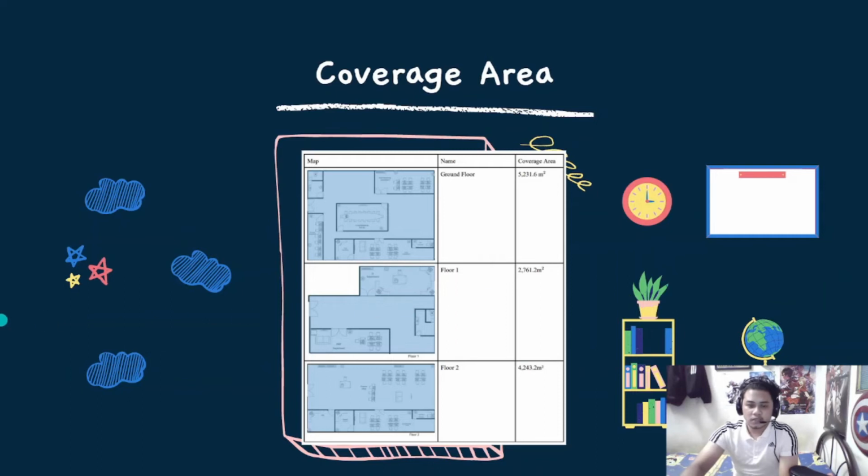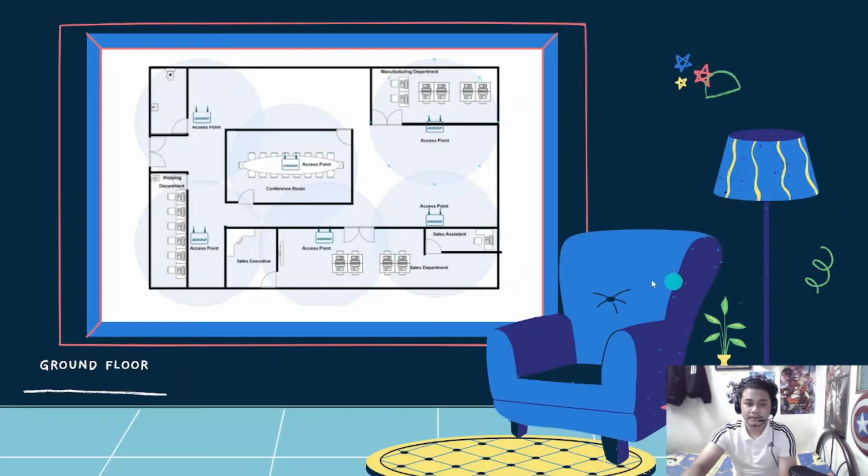So this is the coverage area. We can see the square feet and the coverage area for the ground floor, first floor and second floor. For the ground floor, there are the manufacturing department, shipping department and sales departments, sales executive, sales assistant and the conference room.